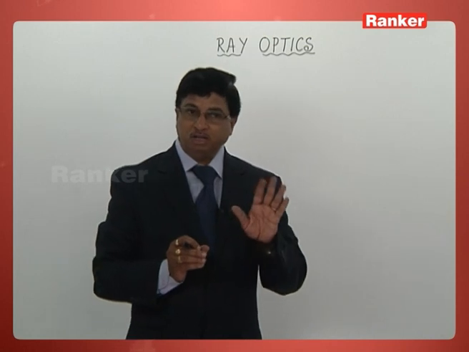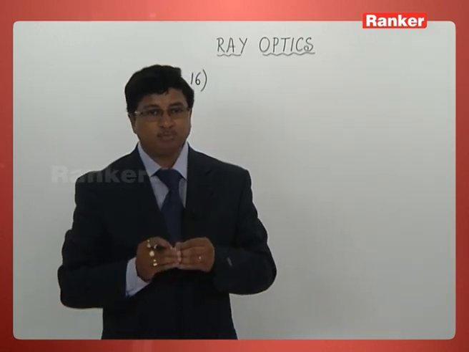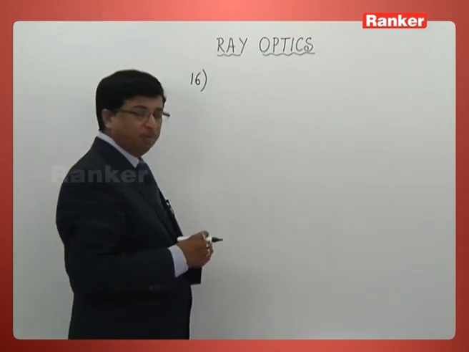That means he is giving the focal length and the magnification, and asking for the distance to the object, that is the value of U. The first option is 20 centimeter, second 10 centimeter, third 30 centimeter, and fourth 60 centimeter. So let us work out the problem.